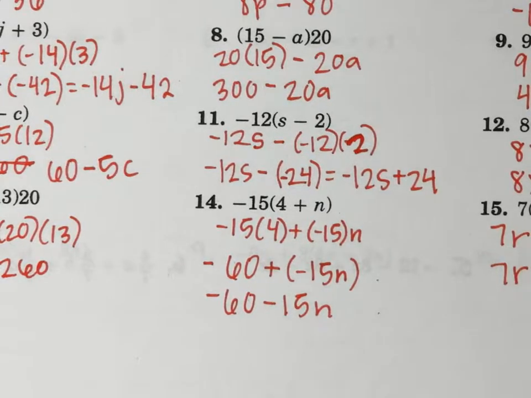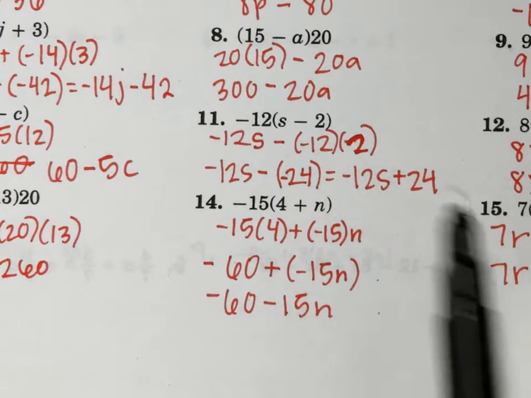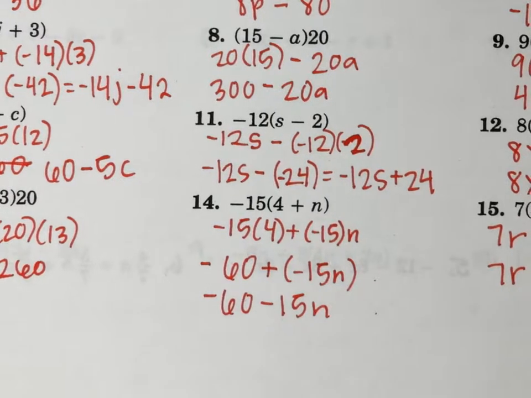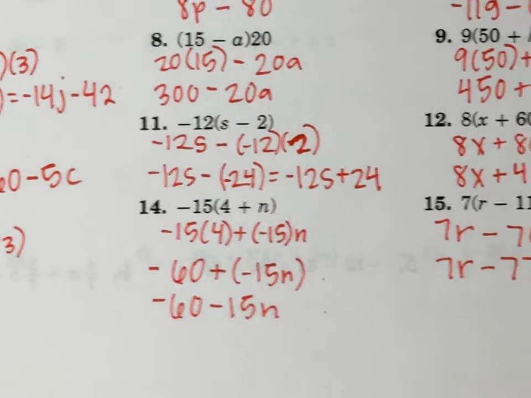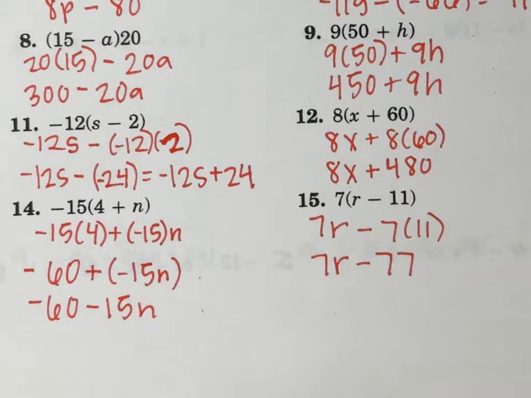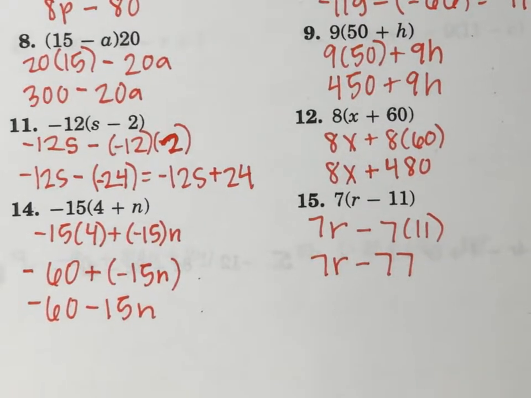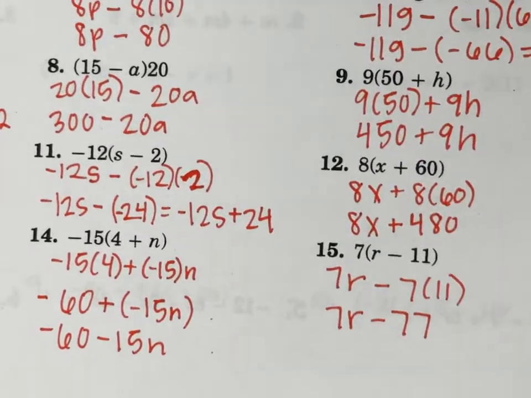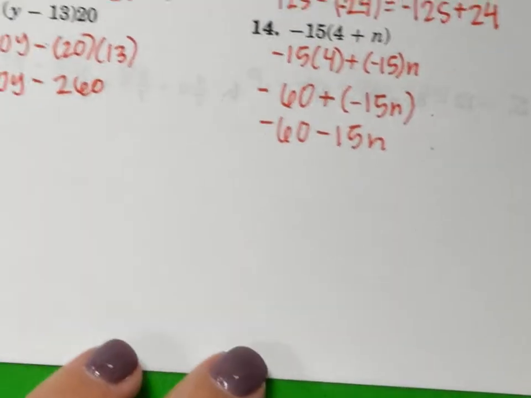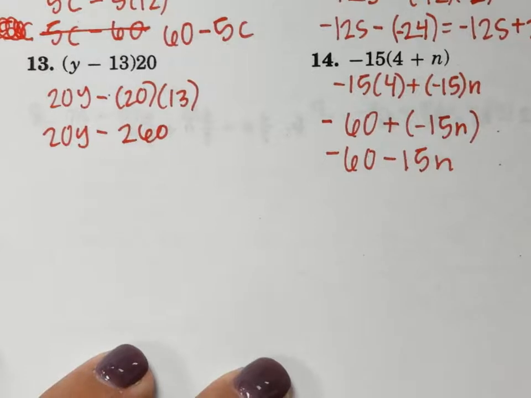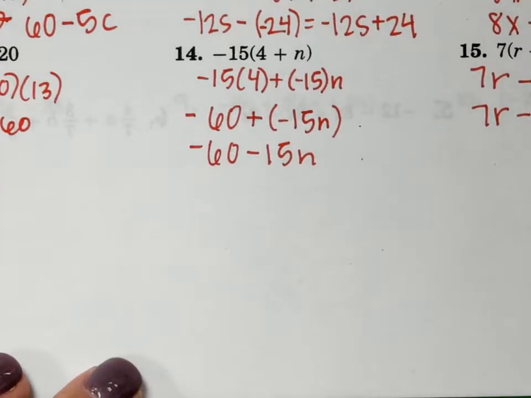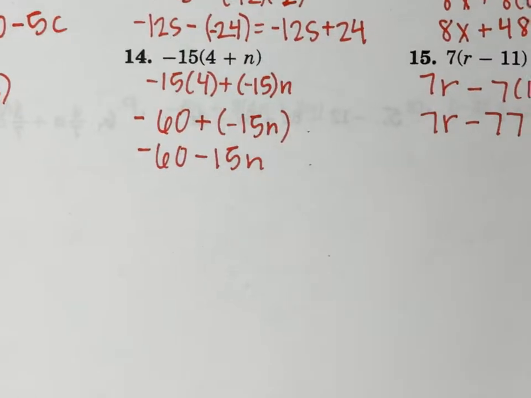What do we get for number 11? Negative 12s plus 24. Number 12? Good. What did you get for number 13? 20y minus 260. Number 14? Good.